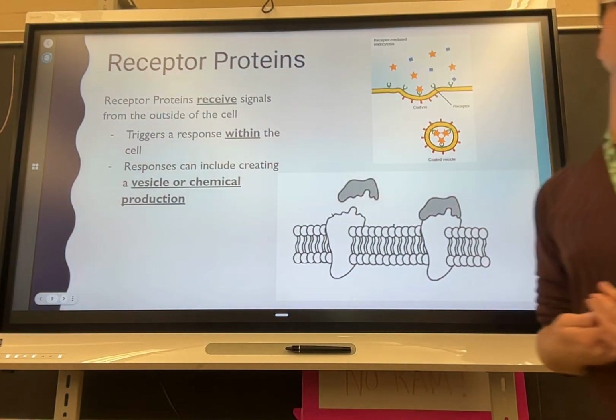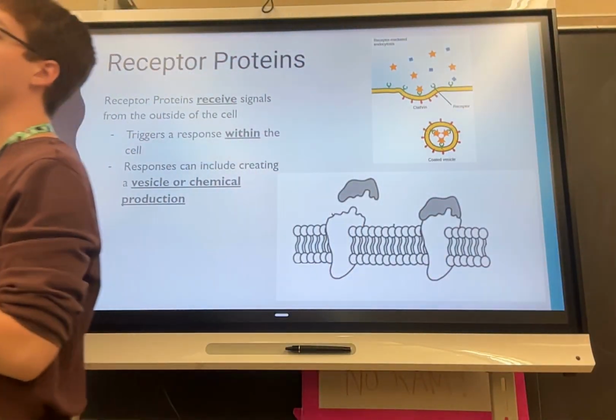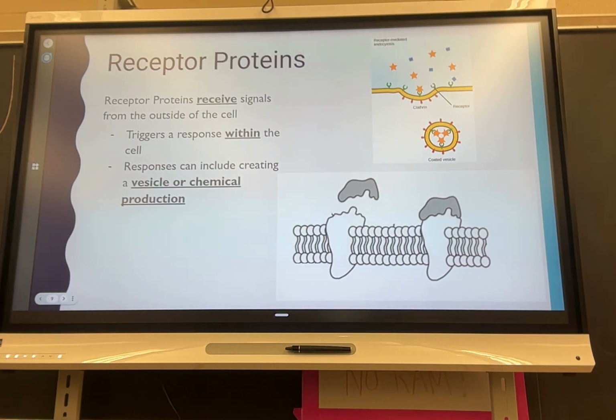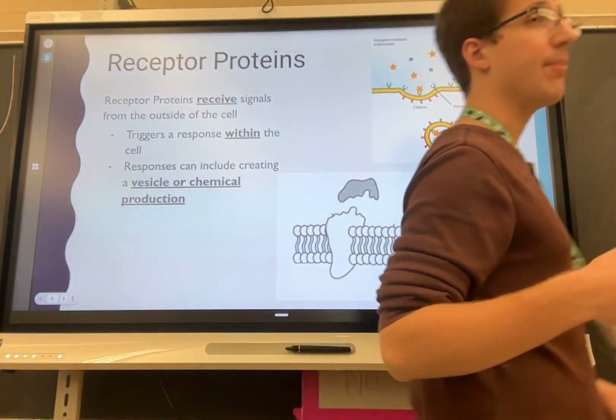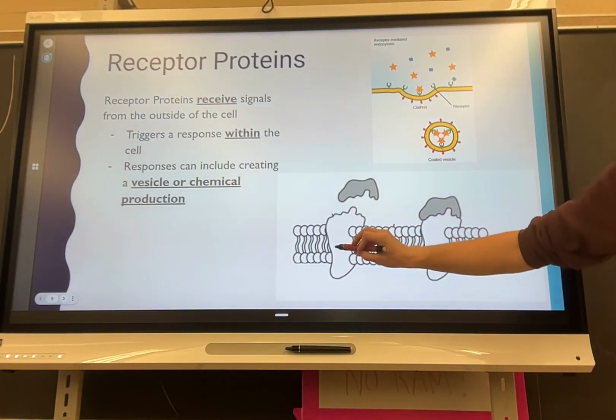So, this also brings me to something that we very briefly talked about when we introduced the cell membrane, and those are receptor proteins. So receptor proteins are going to be important because they receive signals from the outside of the cell. You can see in my little diagram on the bottom, the little receptor protein.